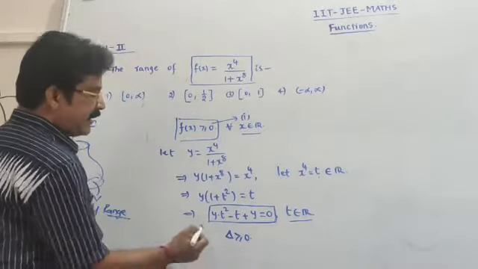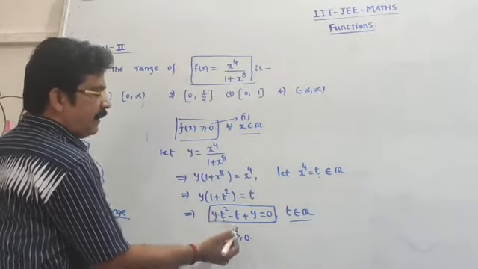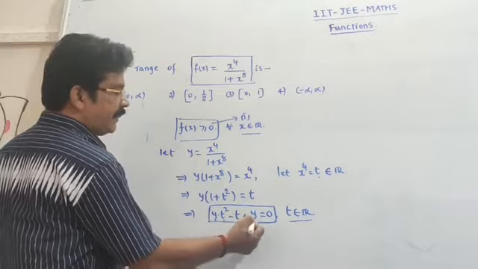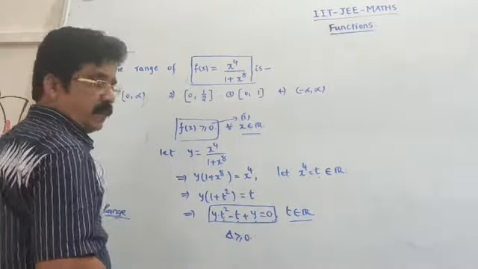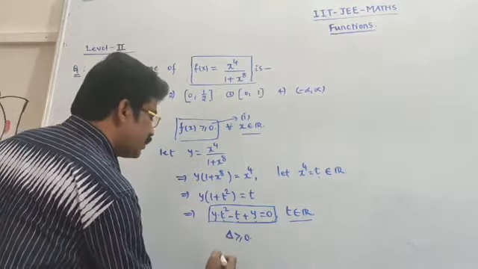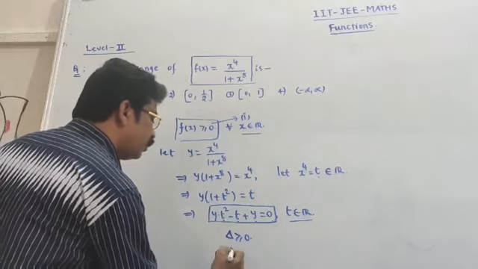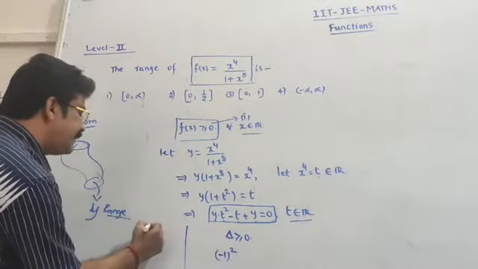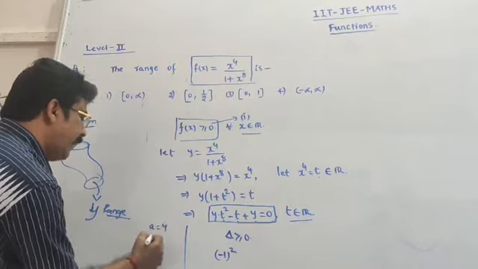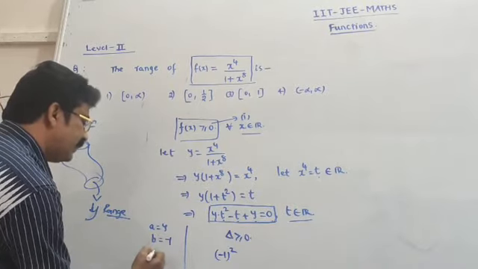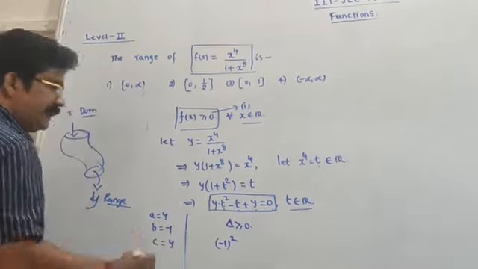It is just like a x square plus b x plus c equal to 0. Once again, here a is equal to y, b equal to minus 1, c equal to y, in terms of t.